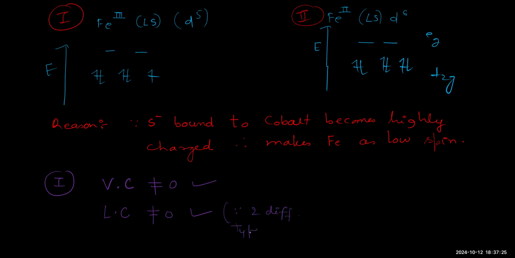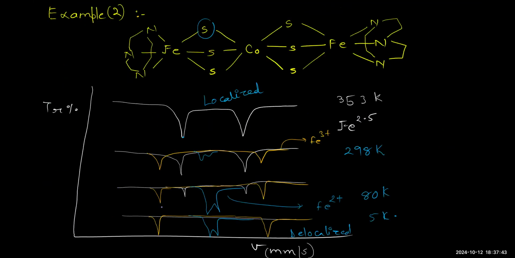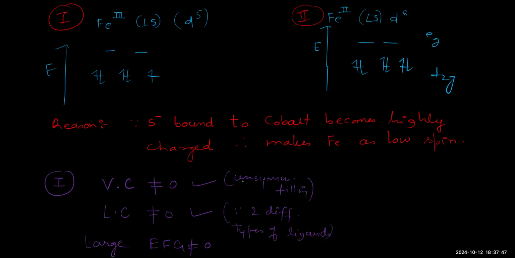And here there is unsymmetrical filling of the electrons. So it would give you a large EFG. That's why you can see this one is having a large EFG, very huge splitting.